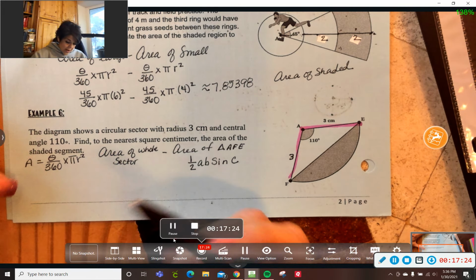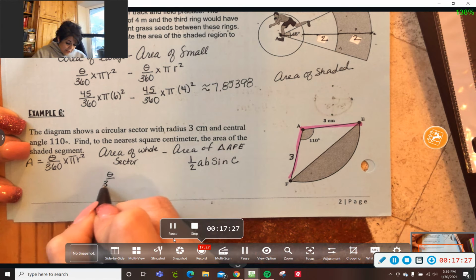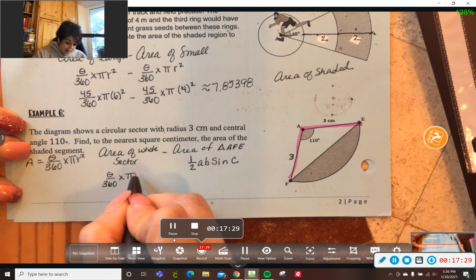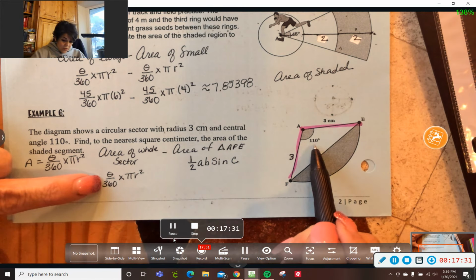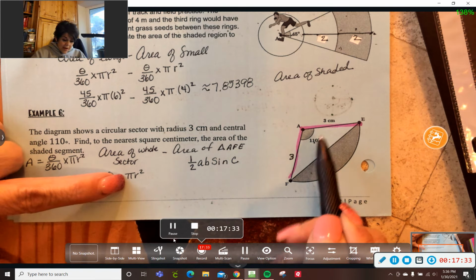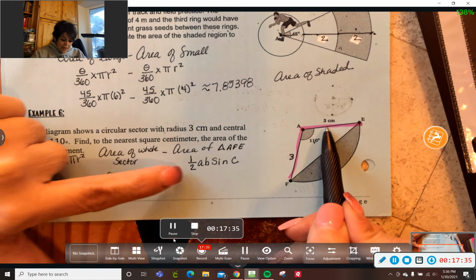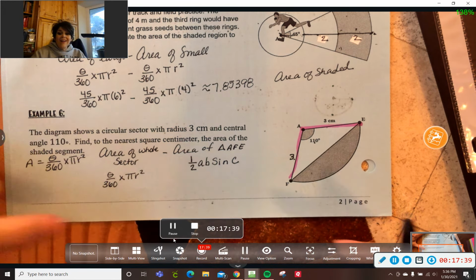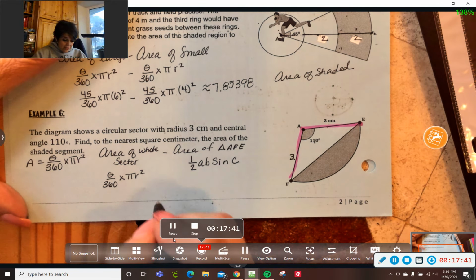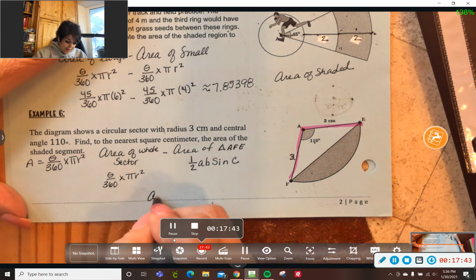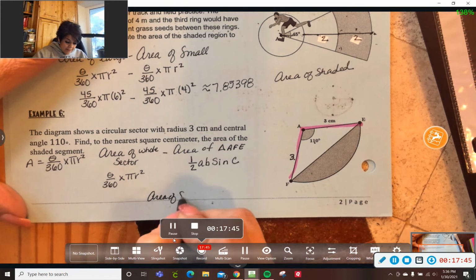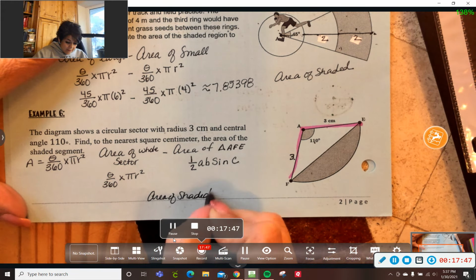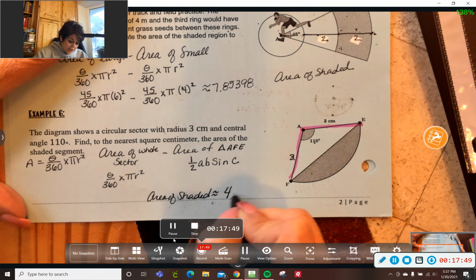Over here, you're going to have theta over 360 times pi r squared. Theta is 110 times pi times 3 squared minus 1/2 times 3 times 3 times sine of 110. I'm going to tell you that the area of the shaded segment, I got 4 centimeters squared.